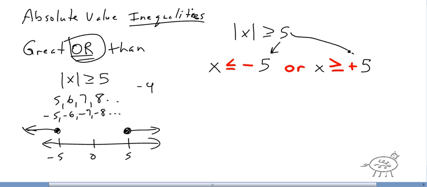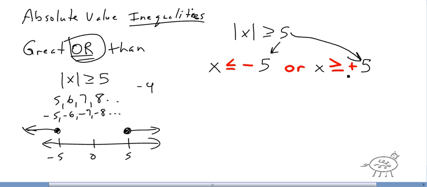So you notice that 5 was here in both places, but one is less than or equal to negative of that value, or greater than positive of that value. The writing that I just put in red will always be there. If you do not have that in there for a greater than problem, it's wrong. So you have to remember that. Less than or equal to negative of that value or greater than or equal to positive of that value.